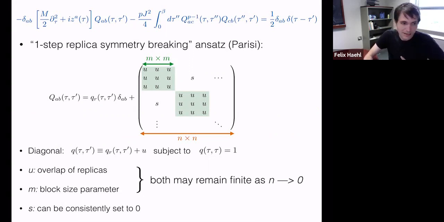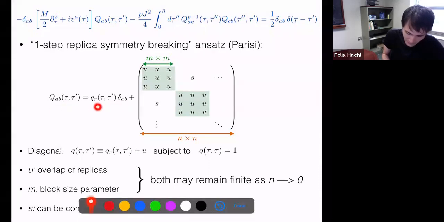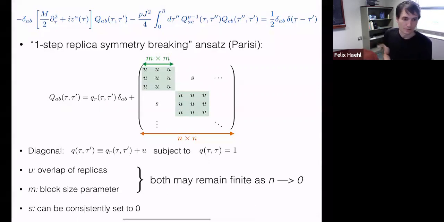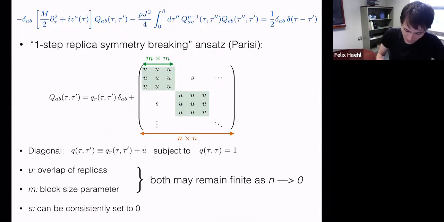You make an ansatz for the structure of this Q matrix, and the ansatz that one can show is the right thing to do is this one-step replica symmetry breaking ansatz, where along the diagonal you put some variable Q, or Q sub r here, which is our 2-point function, and you add to it some block diagonal matrix.